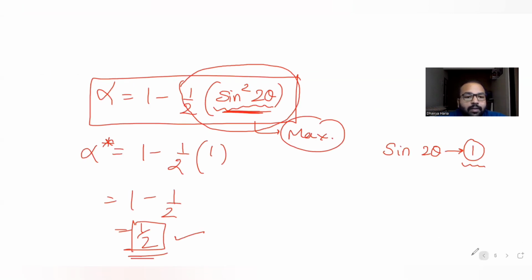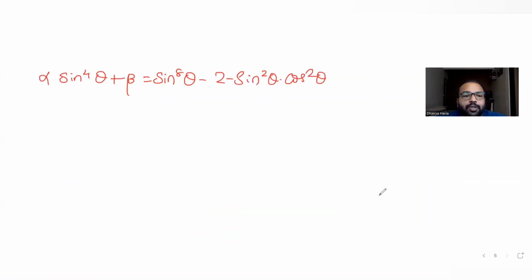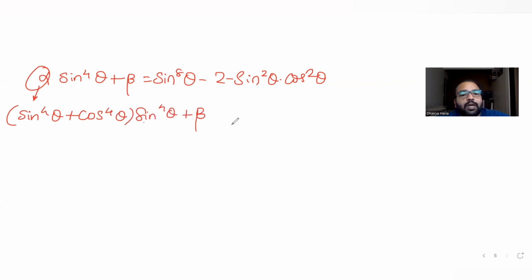So I'll write that. Alpha in this case was, we got it as sine raised to 4 theta plus cos raised to 4 theta. I'll substitute that. So sine raised to 4 theta plus cos raised to 4 theta into sine raised to 4 theta plus beta is sine raised to 8 theta minus 2 minus sine square theta cos square theta.